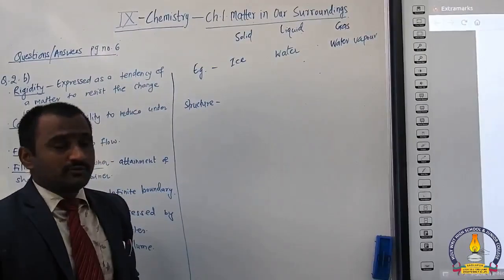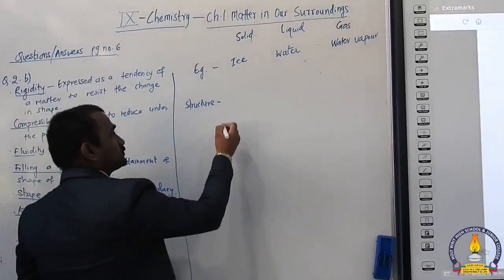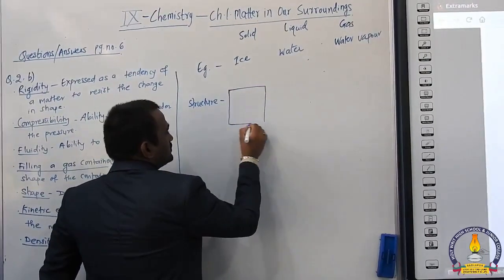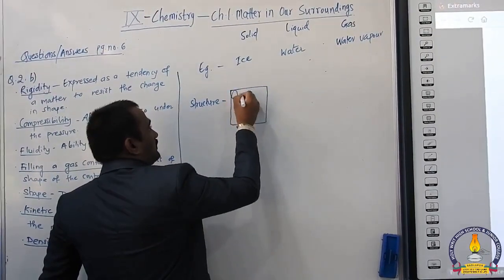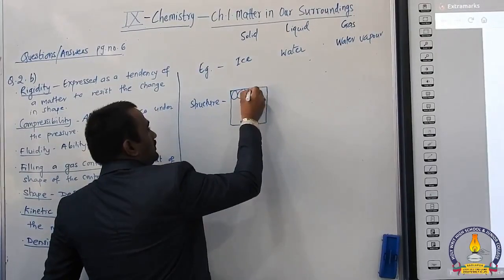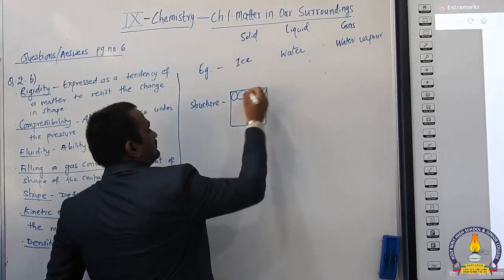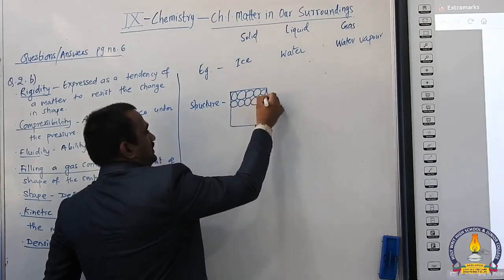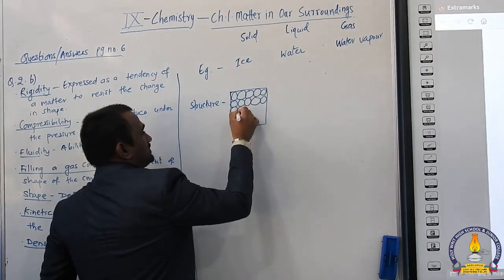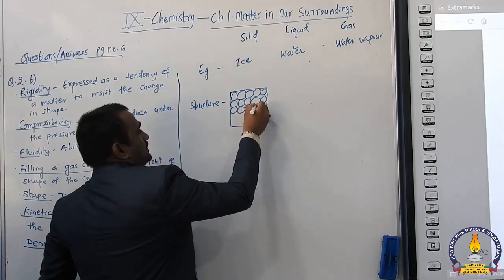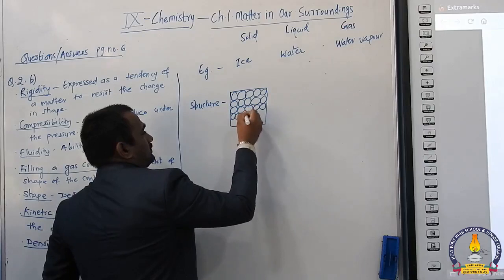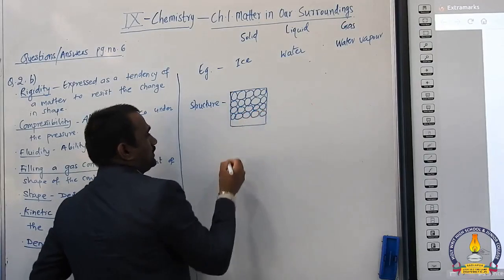And in the structure, we can see the structure of the solid state. We can draw the structure of the solid state. The solid state has a structure like this, meaning atoms of that matter are very much compacted with each other.